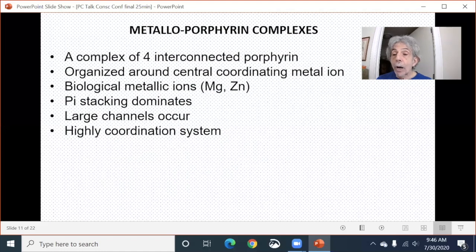And there are these complexes of 4 different porphyrin molecules forming what's called a metalloporphyrin complex because they're all surrounded by a biological ion, usually magnesium or zinc or copper, as a central coordinating metallic ion. This system is also characterized by pi stacking, which is quite dominant, large channels, and is considered a highly coordinated system, all by itself, the porphyrin complex.